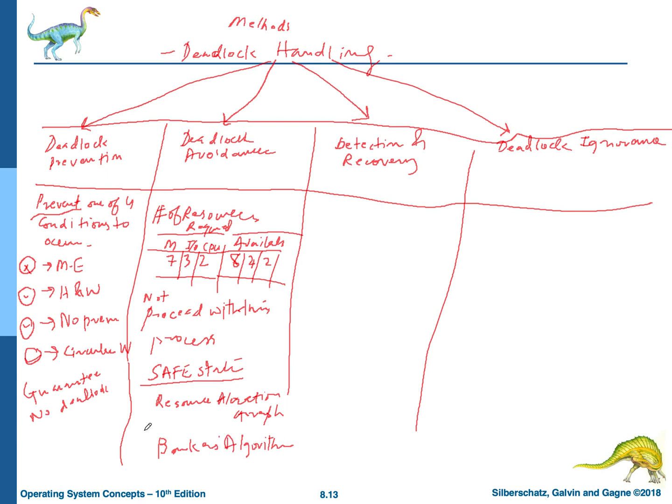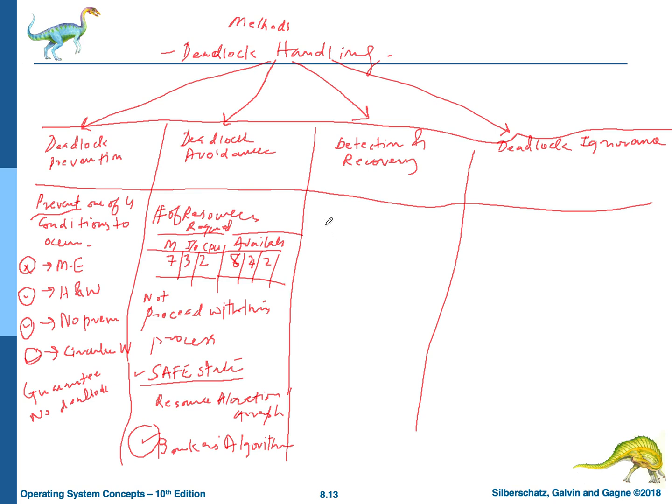So we will see how to find the safe state using the Banker's algorithm in this section, right?